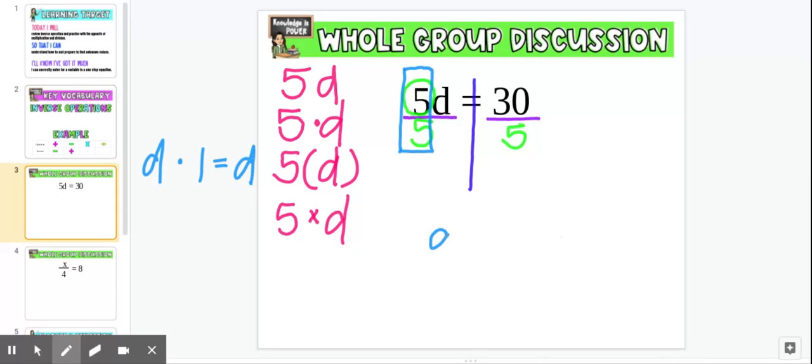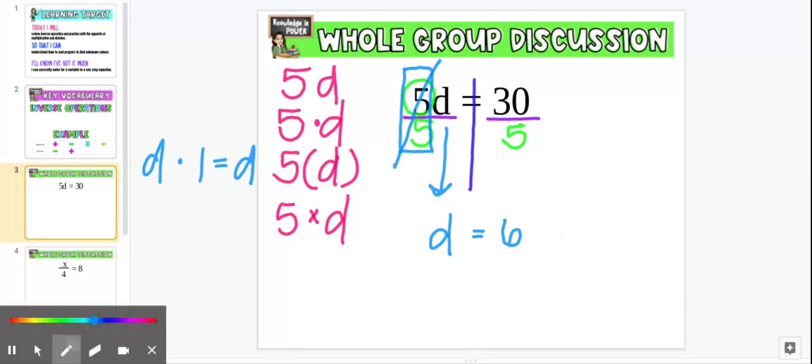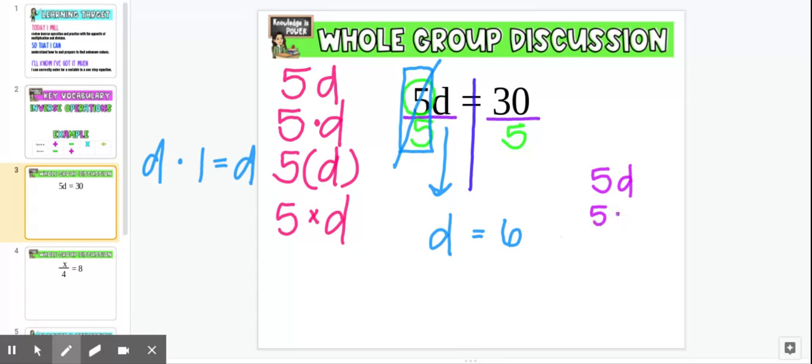We want to get D all by itself to figure out what it is. 5 divided by 5 is 1, and you're left with D. And then 30 divided by 5 is 6. If you want to make sure, you can go back to your original problem: 5D, or 5 times 6, is 30. That's what we had originally, so we know our answer is correct.